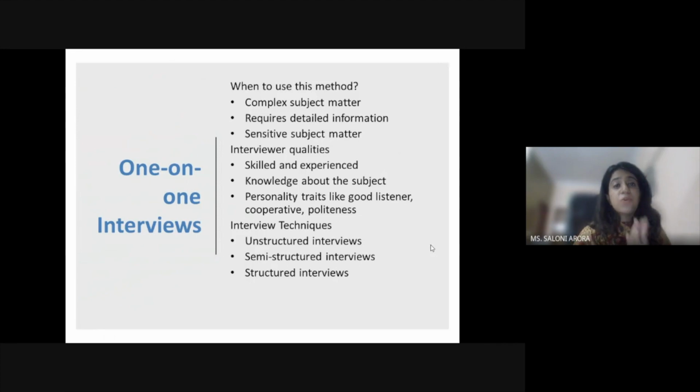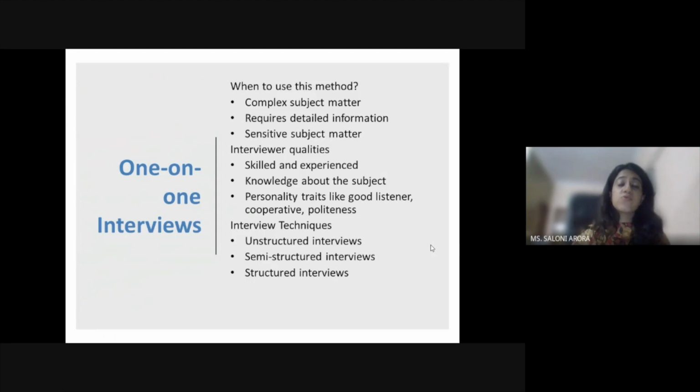But when you're in a one-to-one interview, the interviewer ensures that you're made comfortable and relaxed, and the questions are asked as per your needs and molded so that you are not too sensitized towards that. So even where you feel that the customer is going to feel hurt or be a little sensitive about it, at that point also one-to-one interviews are very useful.